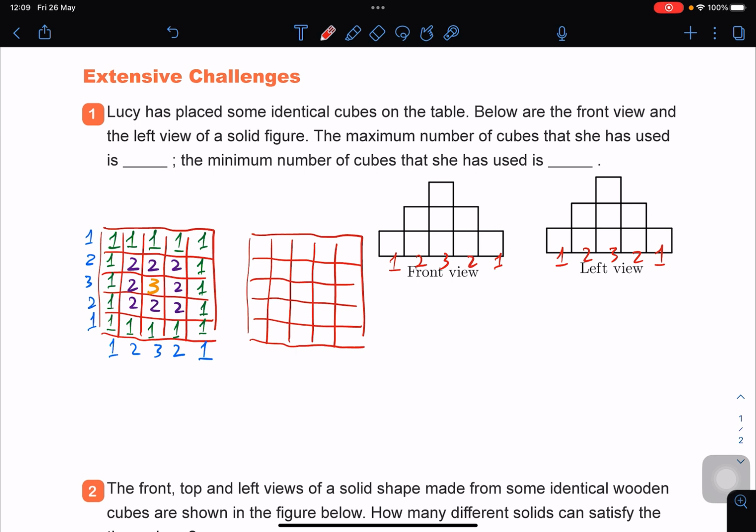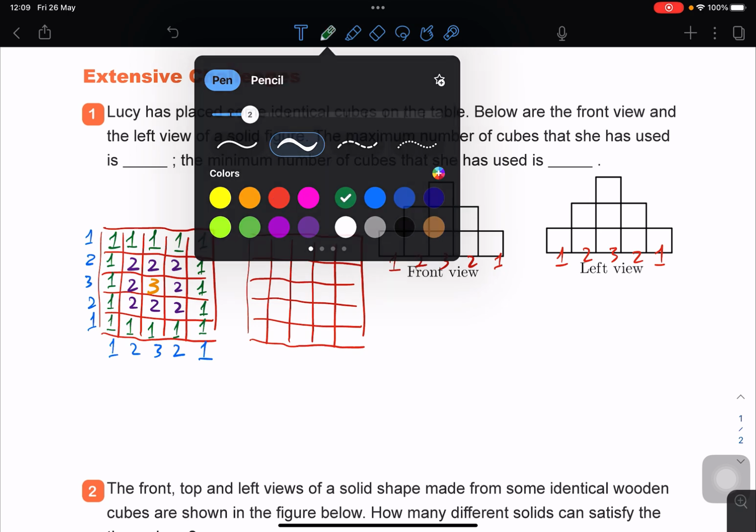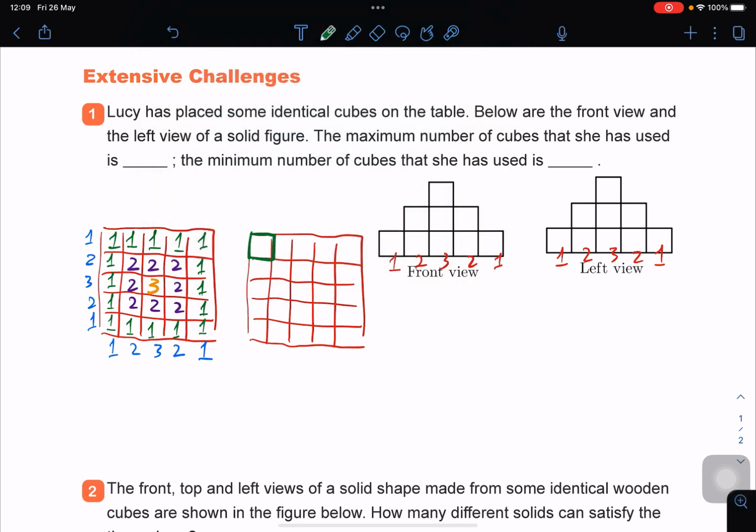So if you think about it, we can actually take 1, 2, 3, 4, 5 blocks for the minimum arrangement, such that we can see 5 columns from the front and 5 columns from the left, right? So, well, that's the minimum arrangement.